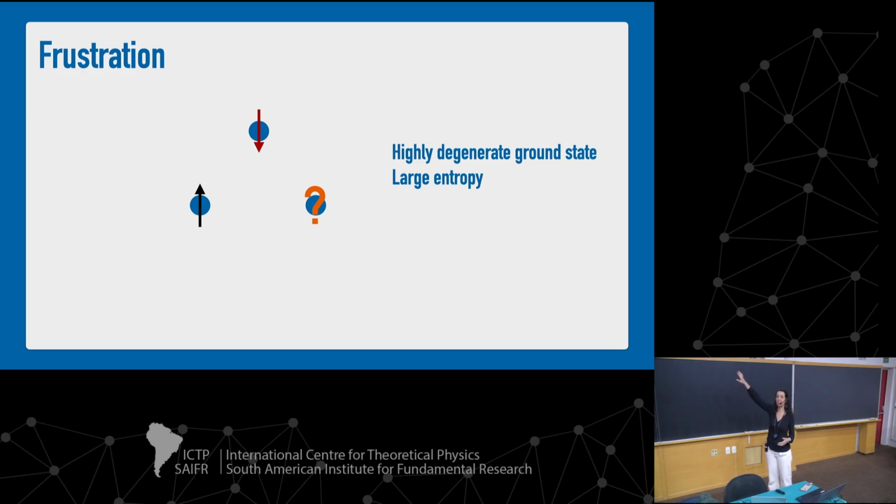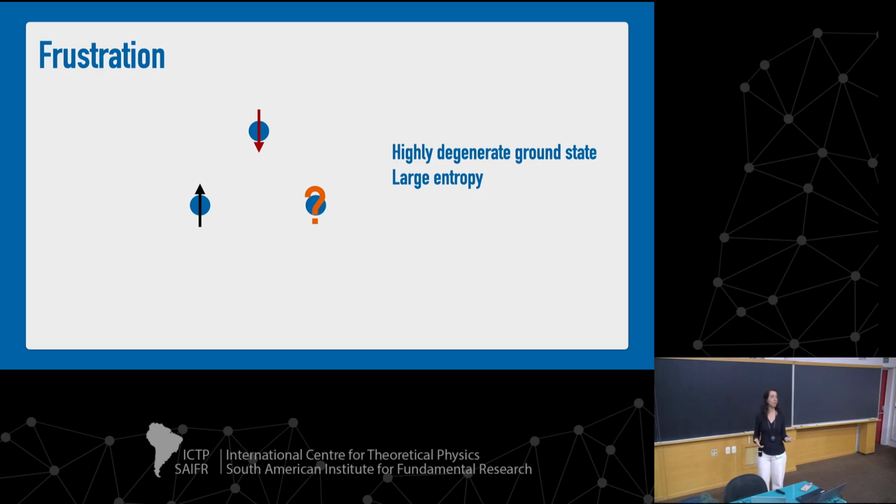Michel Brune had a very similar sketch to this one. When we have a triangular lattice with antiferromagnetic interactions, what happens is you have one spin, and the next one will be pointing in the opposite direction. And then the third one doesn't know whether it wants to be antiferromagnetic to the black one or to the red one.